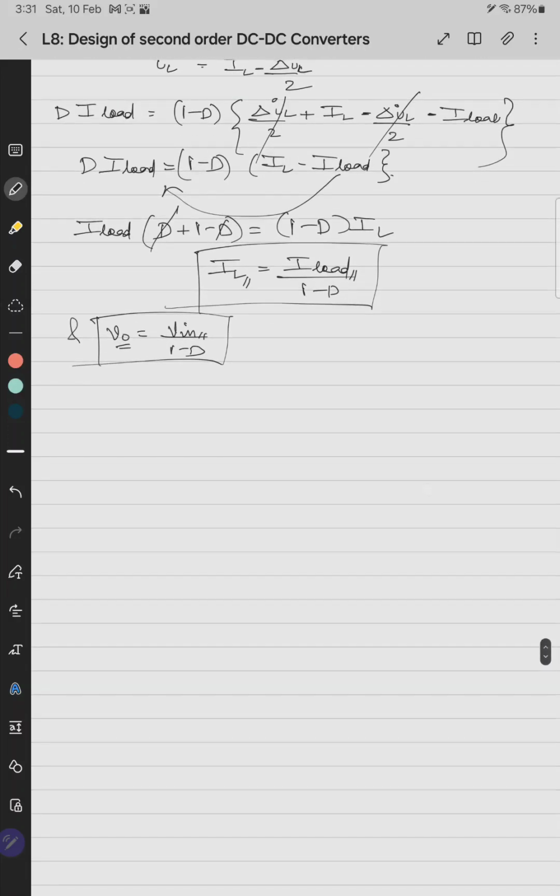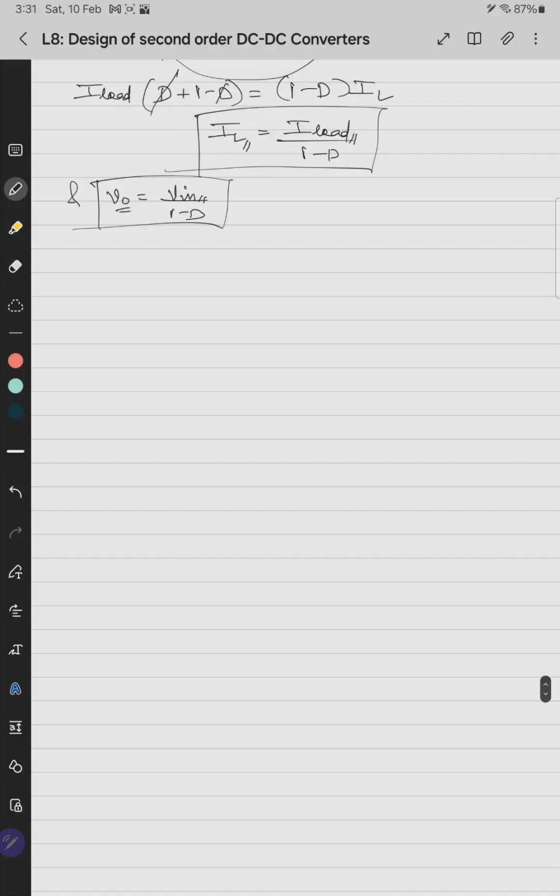So if we see the rating, it will be device V, I, delta V, delta I. We'll say steady state ratings.